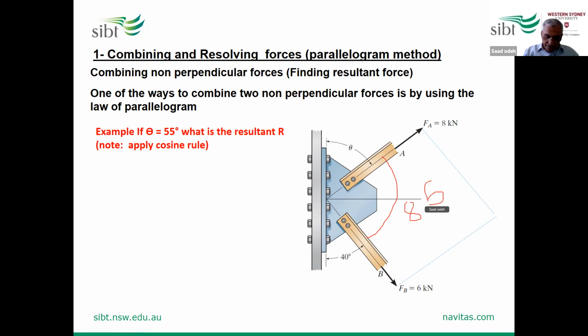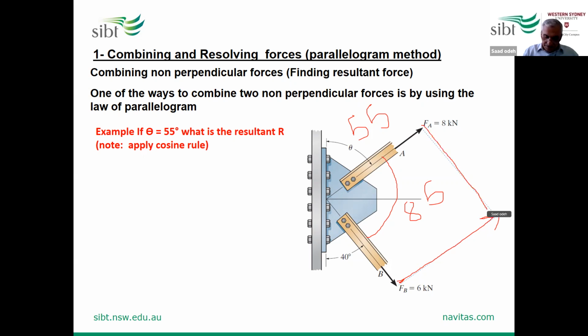So now we have these angles already known, and we have the angle between force Fa and force Fb. Now what we need to do is draw a parallelogram from these two forces. The way you draw the parallelogram is you draw a line parallel to force Fa from the head of Fb, like this, and a line parallel to Fb from the head of Fa, like this.